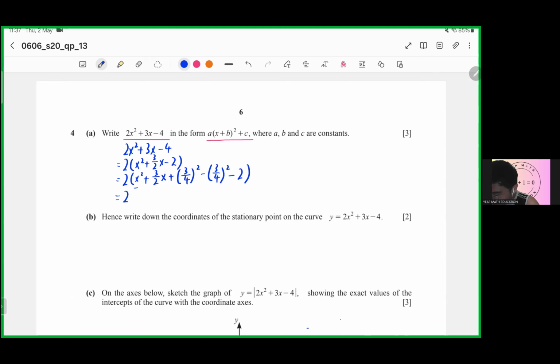And then we get 2 (x plus 3 over 4) squared minus 41 over 16. Because there is not enough space, I write here: 2 bracket (x plus 3 over 4) squared minus 41 over 8.